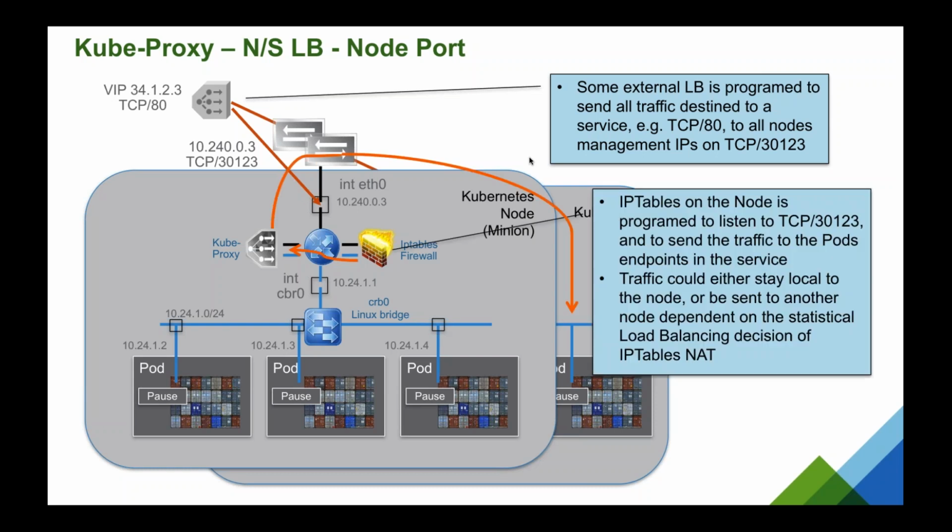That traffic then hits IP tables on TCP 30123, and is then going into the same table we saw earlier for the load balancing to pods. The destination IP, which is the management IP of the node, is replaced with the real destination IP of one of the pods. And that might be one of the pods on another node, so it exits the node again and goes to the other one.